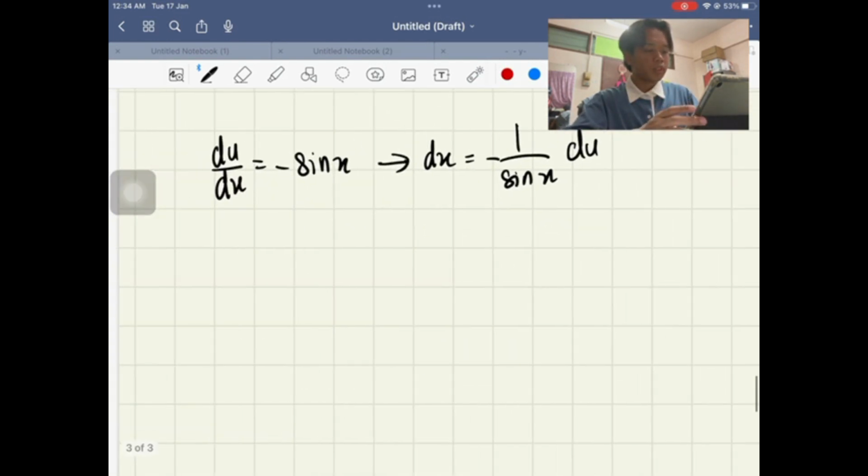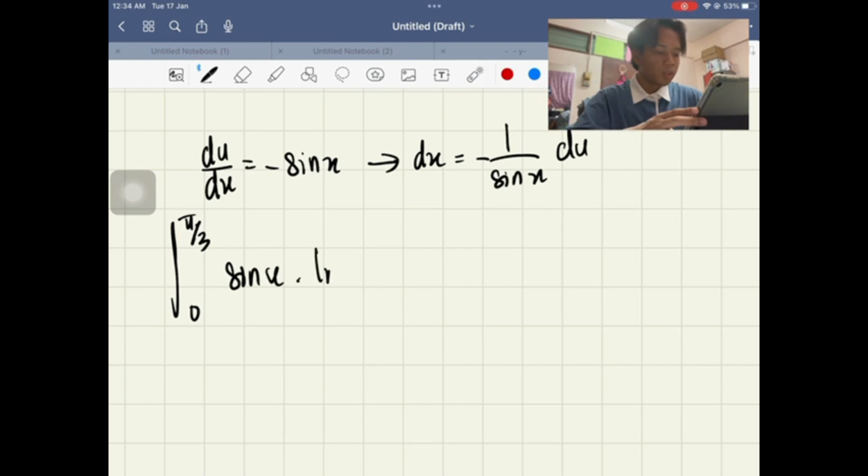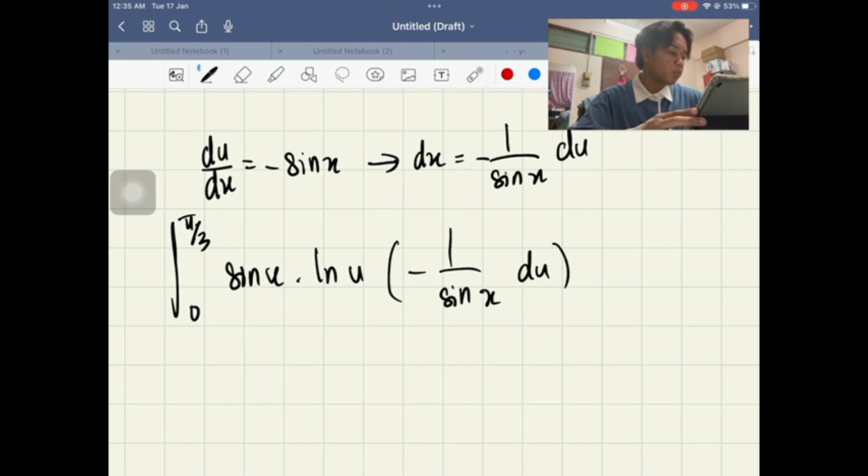So from the question, sin x and then ln cos x, the cos x becomes u, and the dx becomes negative 1 over sin x du.